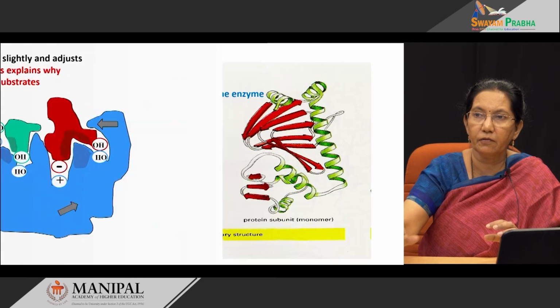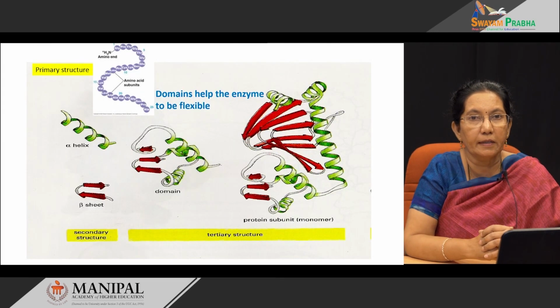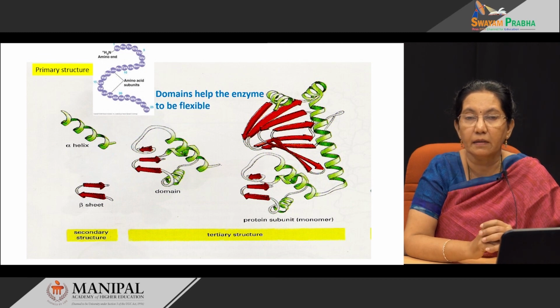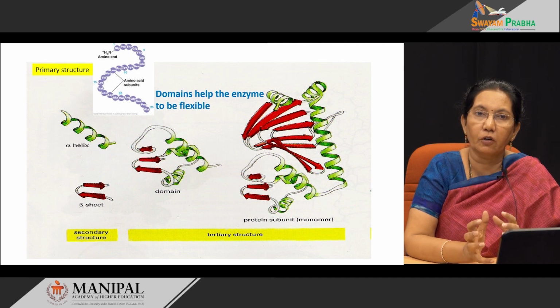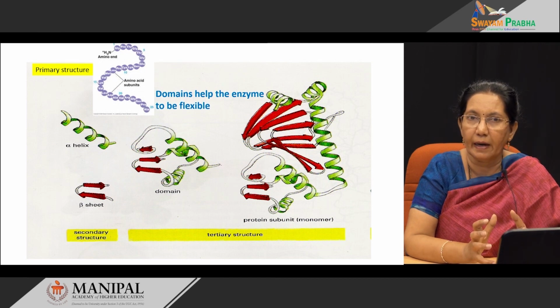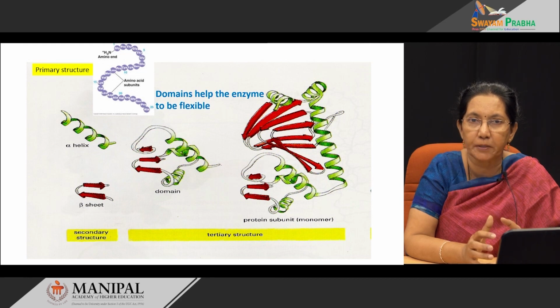Let's take this a little further. Do you remember this? I told you that enzymes were proteins in nature. And when we say that enzymes can move, what we mean is that the domain structure of a protein architecture helps the enzymes to move a little bit, and in moving they are able to create new shapes.